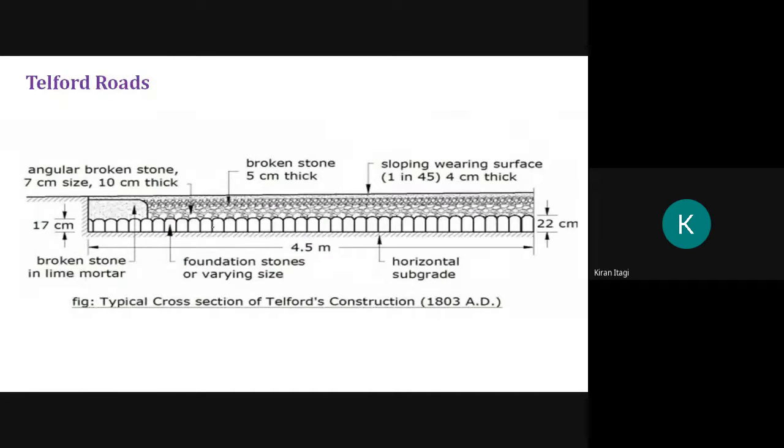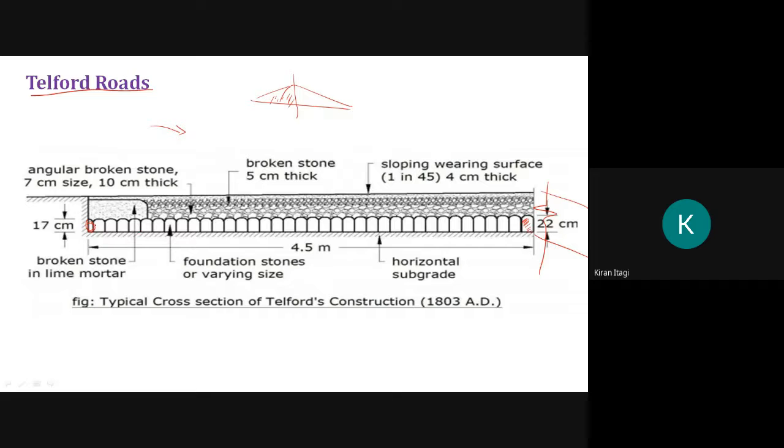Next we have Telford Road. Here also it was more advanced than the previous one. Smaller stones were provided at the ends and stones of larger size at the middle. Actually it is a half section, so only this much part is taken here.